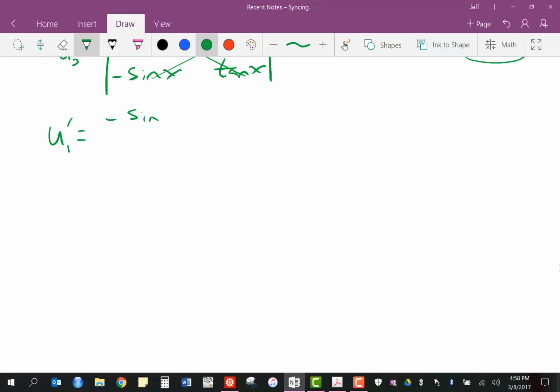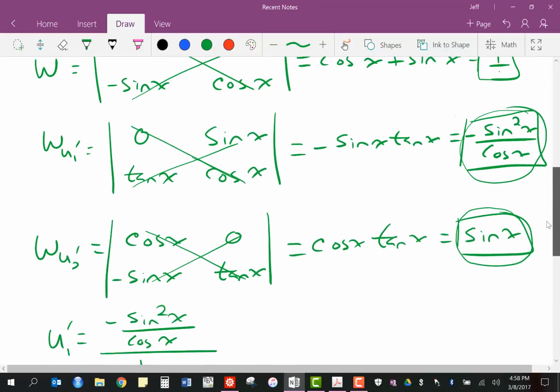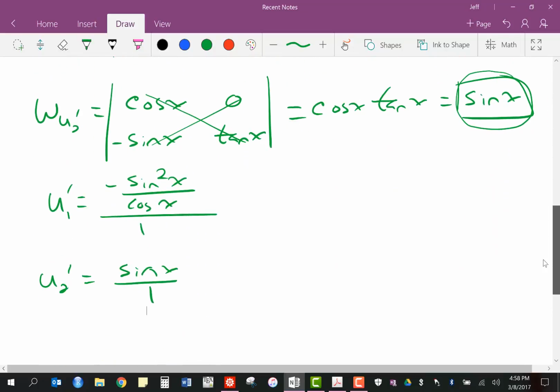That was negative sine squared of x over cosine of x, all divided by 1. And that u2 prime was equal to the sine of x, all divided by 1.